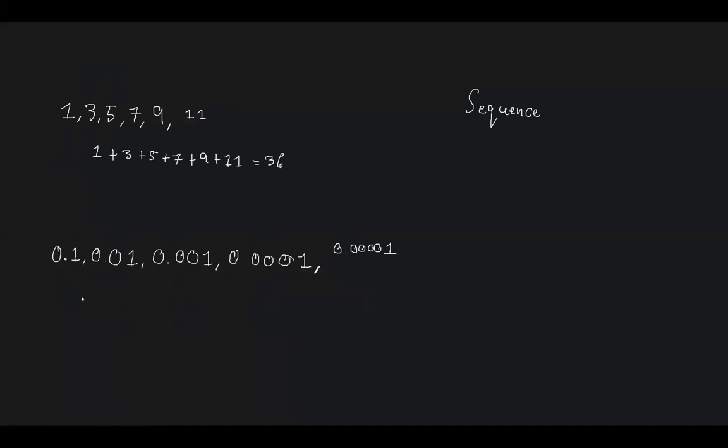So if we're going to get the sum of the numbers in this sequence, 0.1, 0.01, then 0.001, and oh wait, sorry, there's two more, 0.0001 plus 0.00001. What would be the answer here?